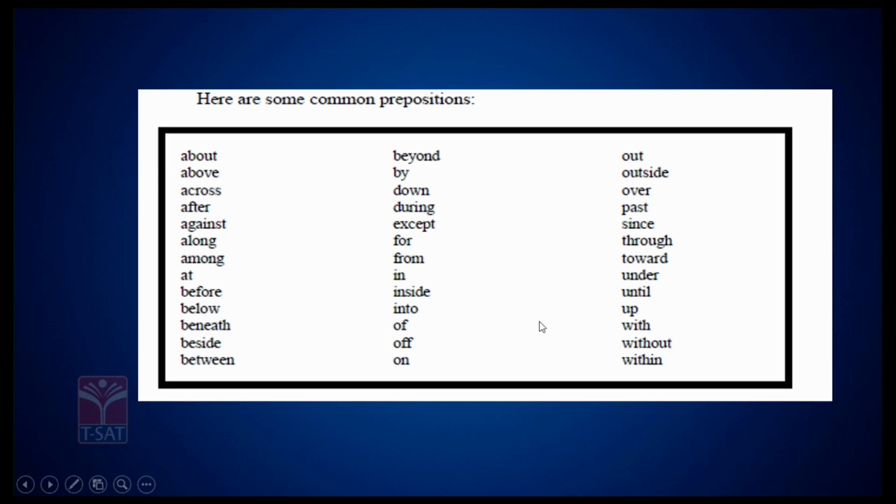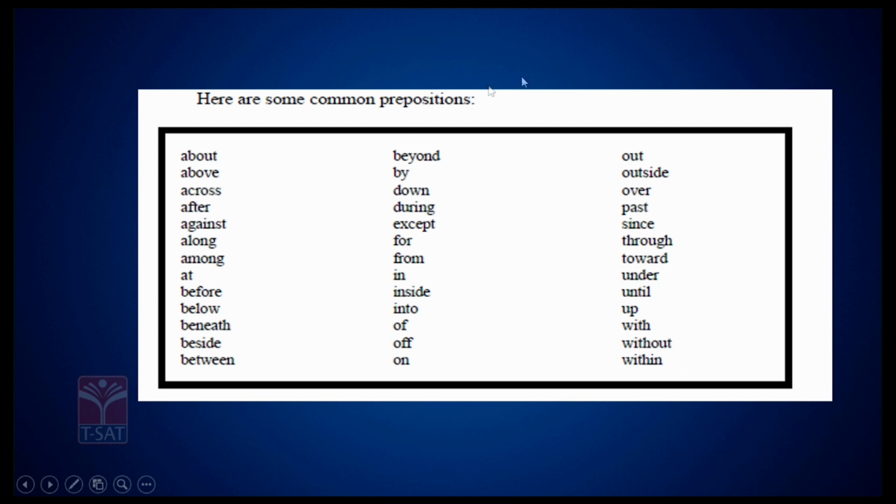About, above, across, after, against, along, among, at, before, below, beneath, beside, between, beyond, by, down, during, except, for, from, in, inside, into, off, on, out, outside, over, past, since, through, toward, under, until, up, with, without, within.